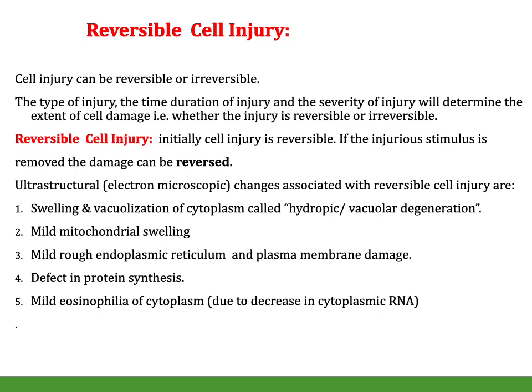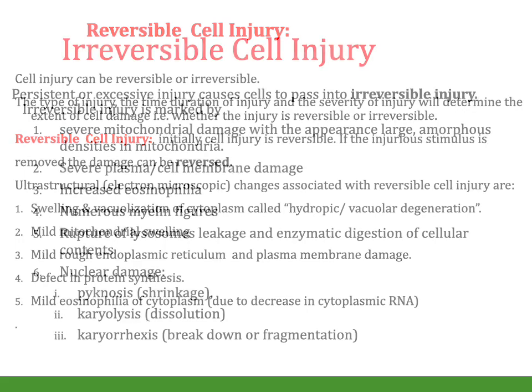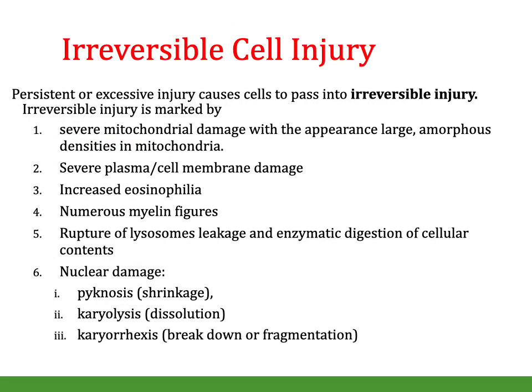But when there is severe damage to the mitochondria, enough that it will cause leakage of the pro-apoptotic substances or calcium, then the injury becomes irreversible. When there is leakage of lysosomal proteins, that is already irreversible. And when there is irreversible damage to the nuclear material, that becomes irreversible.